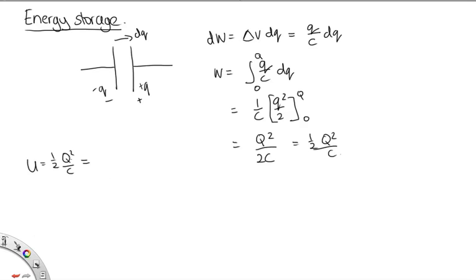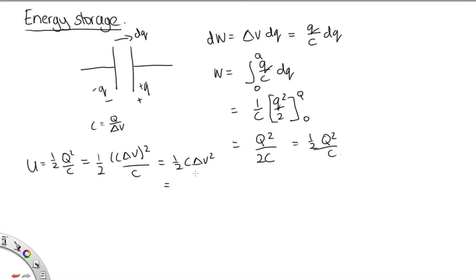So in that case, we want to get rid of the charge. The charge on a capacitor, using C equals Q over delta V, is equal to C delta V. So that's squared on C, and you can see this will be a half C delta V squared. So this is another form of the energy equation.